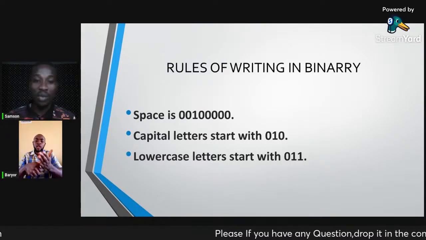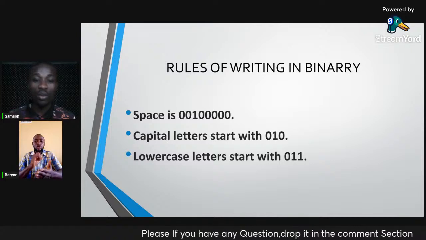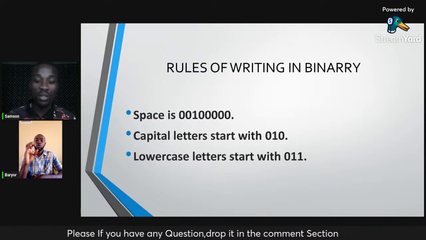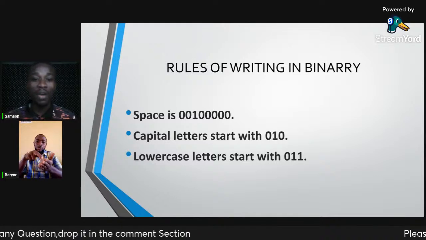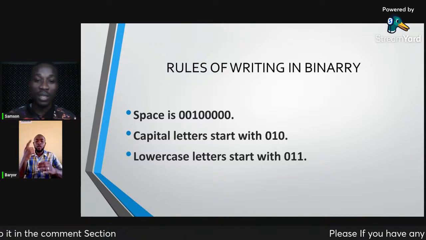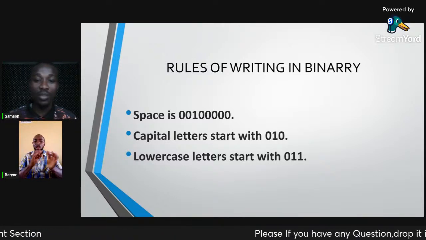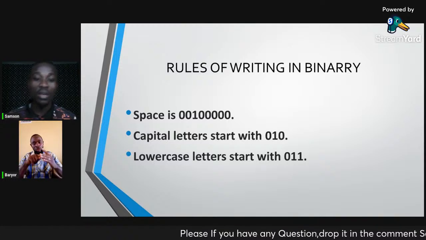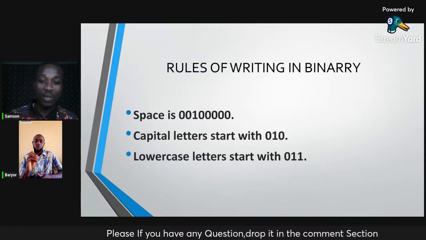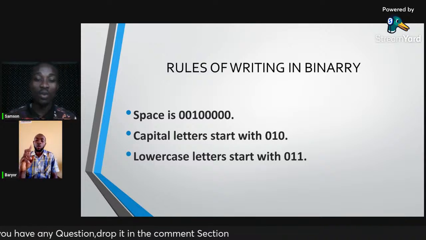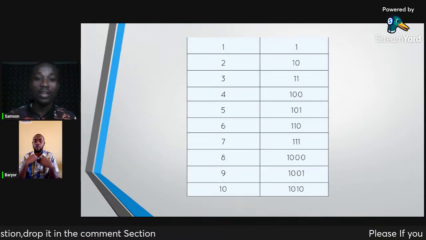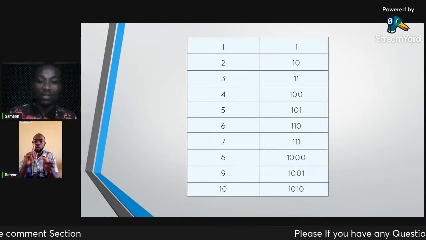For space, you have 00100000. That represents space in binary. For a capital letter, I need to start the binary code with 010. For lowercase, I need to start with 011. And we also have how to convert numbers into binary.